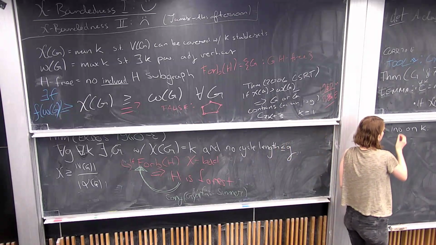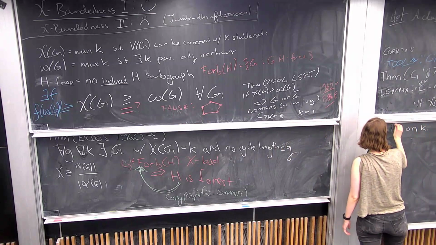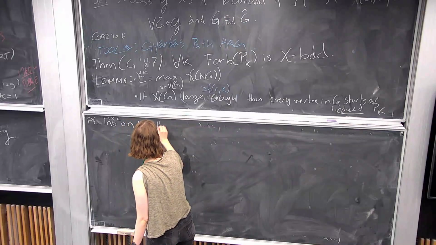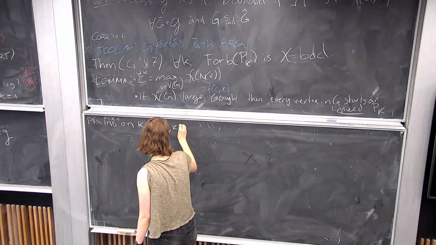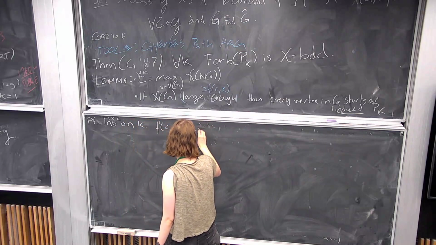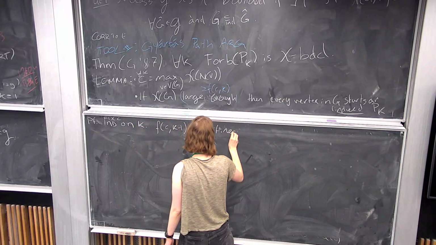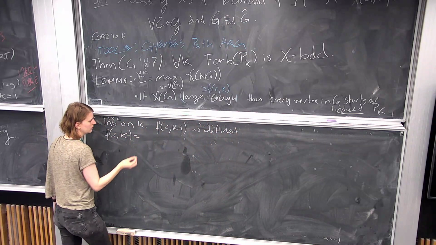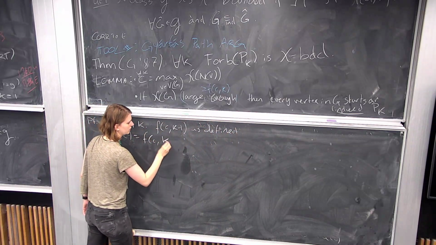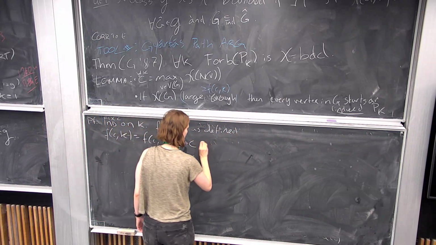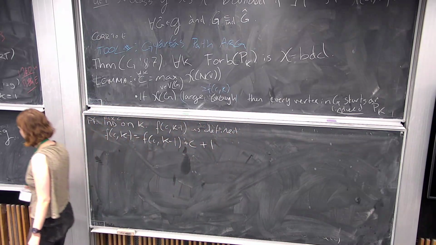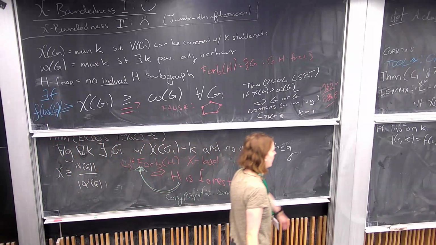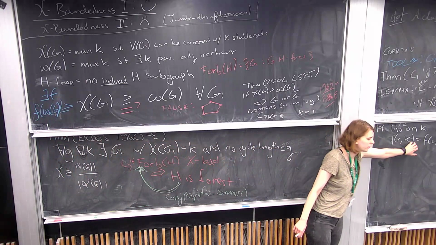So we're going to fix C, sorry, induction on K, so then we can assume F of C, K minus 1 is defined. And then I'm going to set F of C, K equal to F of C, K minus 1 plus C plus 1, just for luck. And now I want to say I have a graph that uses more than this many colors.